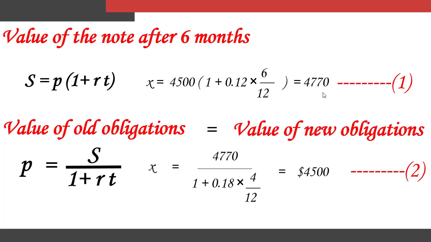Formula B equal S over 1 plus RT, X equal 4,770 over 1 plus 18% times 4 over 12. The 4 here is from the maturity date of the note to the focal date. So B would be equal $4,500.